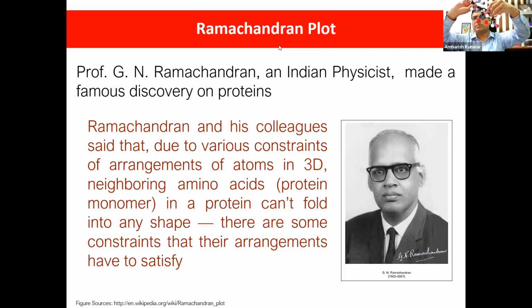This is what Professor Ramachandran found after doing mathematical calculations. He said that because of the shape of the different amino acids, there are differences in the side chains, so they cannot fold into any arbitrary shape they want, and they have to follow certain rules when they are trying to arrange themselves in three-dimensional space.